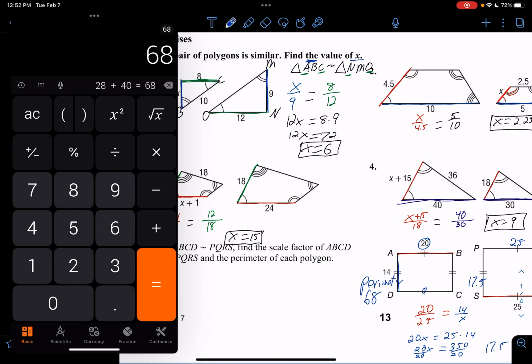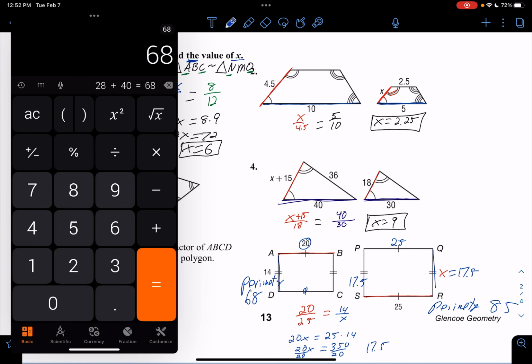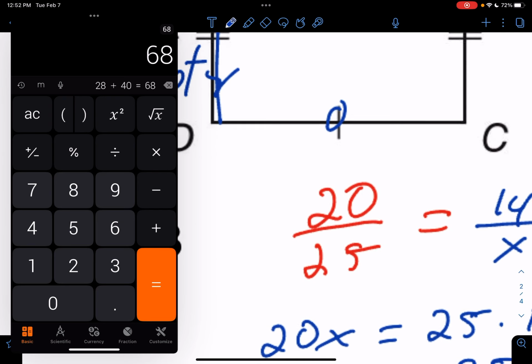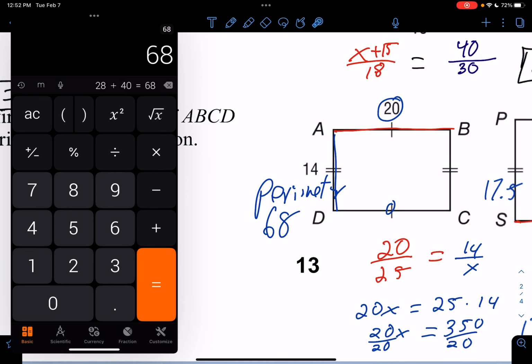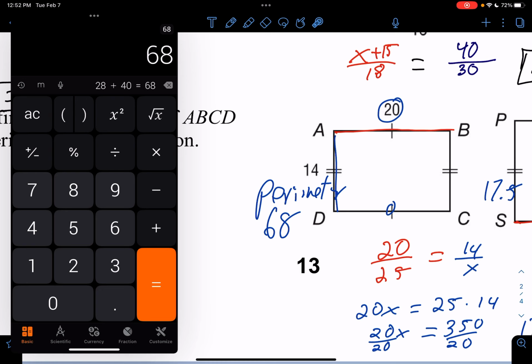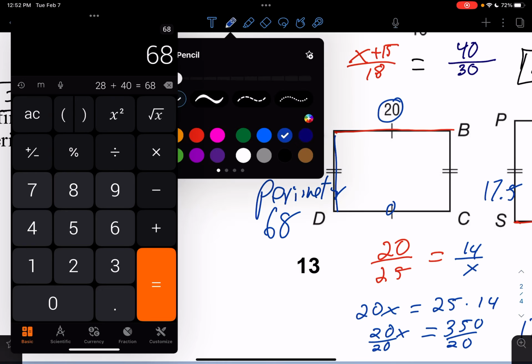I want you to understand something. I'm going to look at the scale factor just for a moment. If I take a look at this and I just simplify 20 over 25, that is going to give me the scale factor. So what is the scale factor?